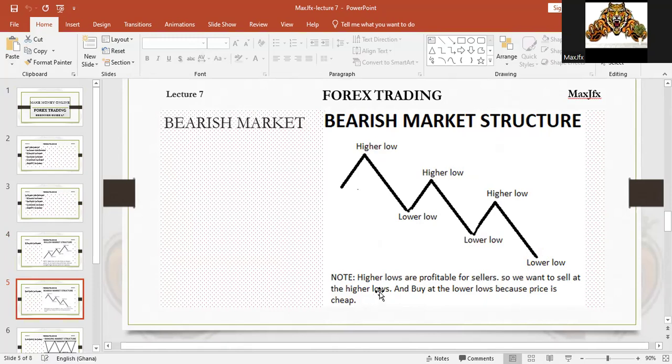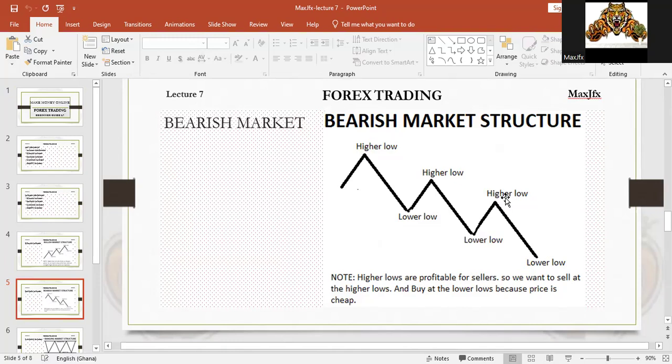All right. So the lower highs are profitable for sellers because if the price is at the peak and they sell, they will make much profit. Do you know why the sellers will make much profit? Because at the higher prices, they sell. And when the price drops, they can buy again and then sell it when it gets back to that point.